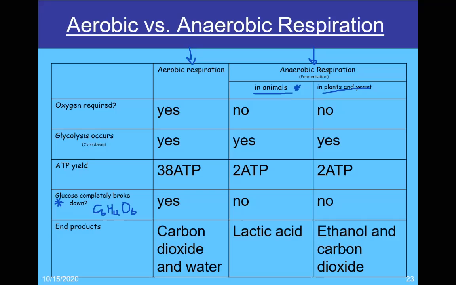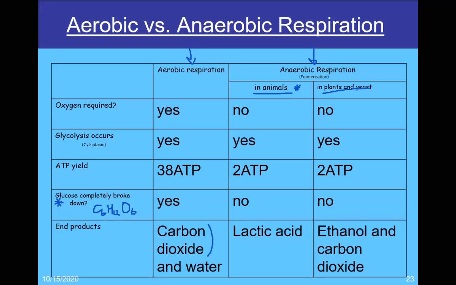We do not break it all the way down in anaerobic respiration, either producing an alcohol, ethyl alcohol, or producing lactic acid, both of which have more than 1 carbon in them. So what is the ultimate product that we manufacture? In aerobic respiration, should make no surprise, carbon dioxide and water.